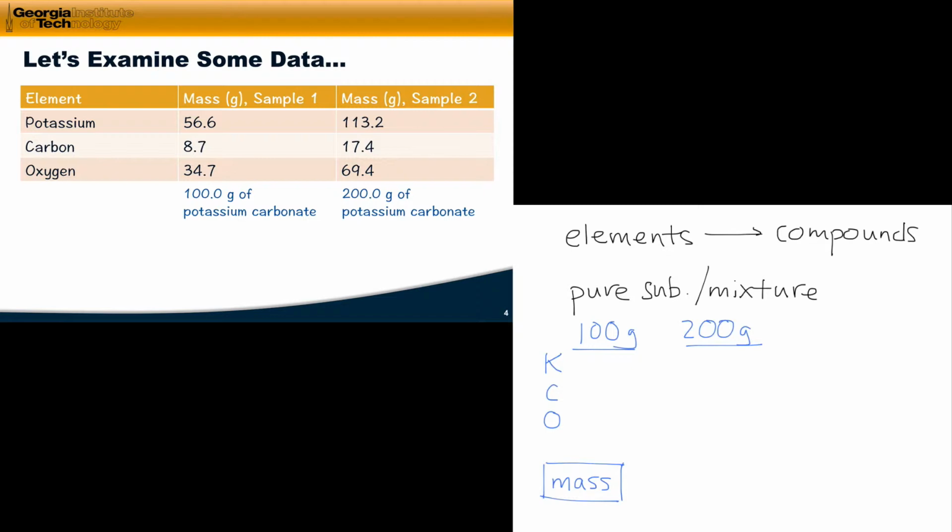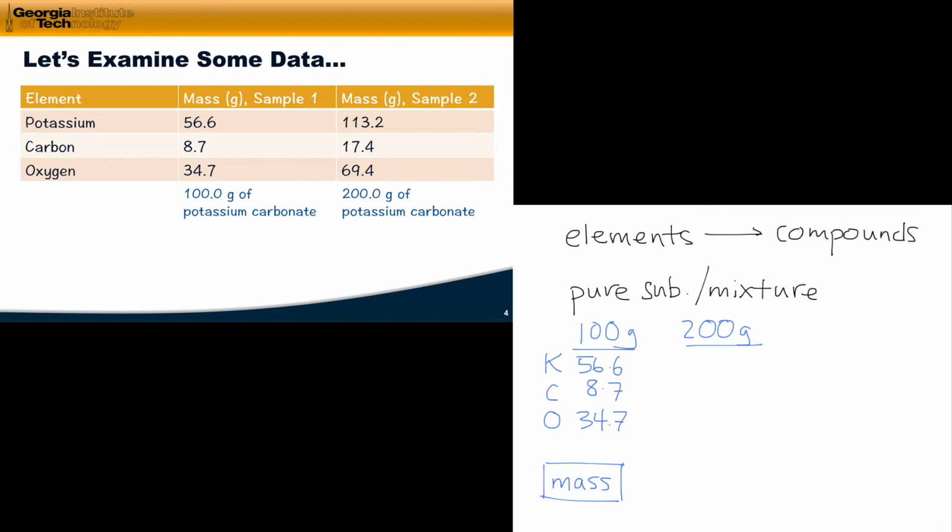And in the case of the 100-gram sample, it's gravy, right? We know right away that the percentage of potassium is 56.6%. Similarly with oxygen, we've got 34.7%, and for carbon, we've got 8.7%, adding up to a total, of course, of 100%.